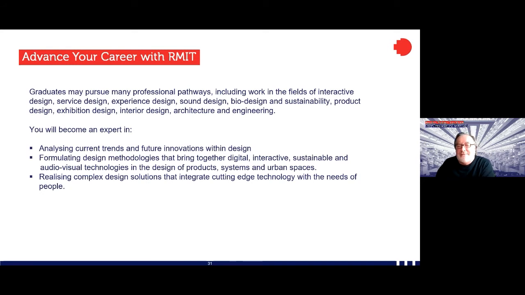So graduates, once you've done the course, and really the courses are different from undergraduate, is that you're coming with ideas of your own. You're coming with a sense of what you want to do with the course and where you want to take it, and how you want to redefine your career pathway, your career trajectory.